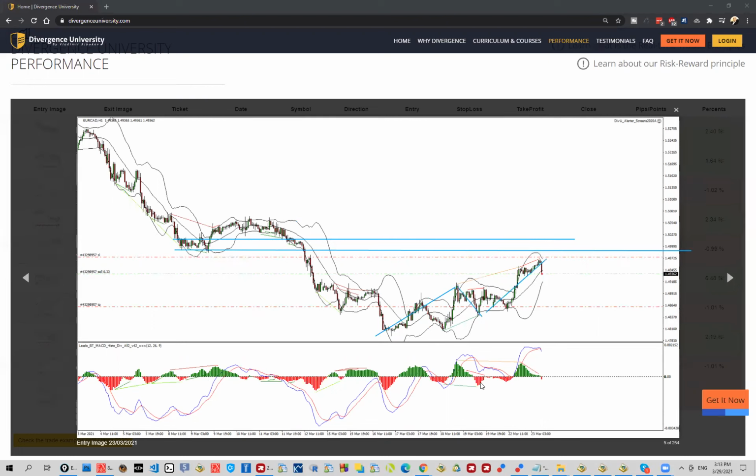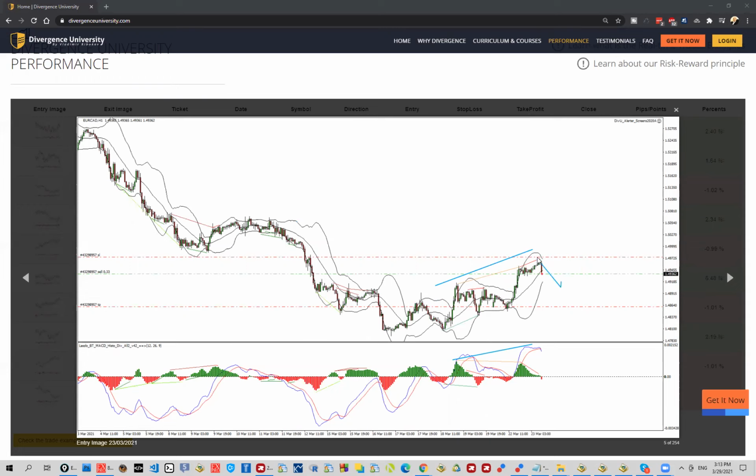The ABC structure is being completed, and now since this is a pullback structure, I would be using only histogram if available. It's still okay, but we can see no divergence on the MA. So that means after this push down, pullback or not, we might see another wave up. We might not.